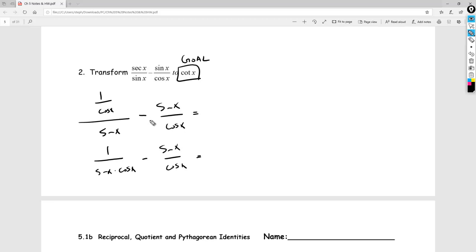That's another one of my strategies when I'm doing proofs. In this case, my common denominator will be sine times cosine. So I'm going to multiply my right fraction by sine over sine. This leaves me with 1 over sine times cosine, minus sine squared over sine times cosine.